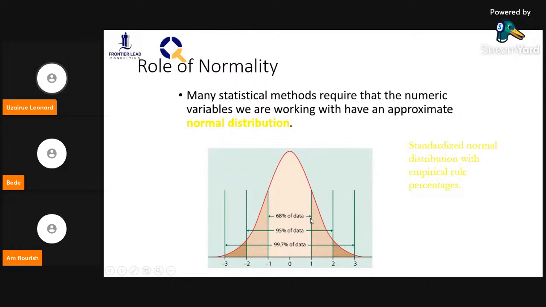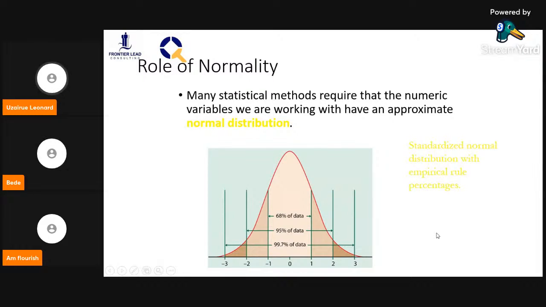So what we are saying in essence is that from here to here, you will have this distribution of your data. Then from here to here, we have another set of data. Then from here to here, we have this category of data.